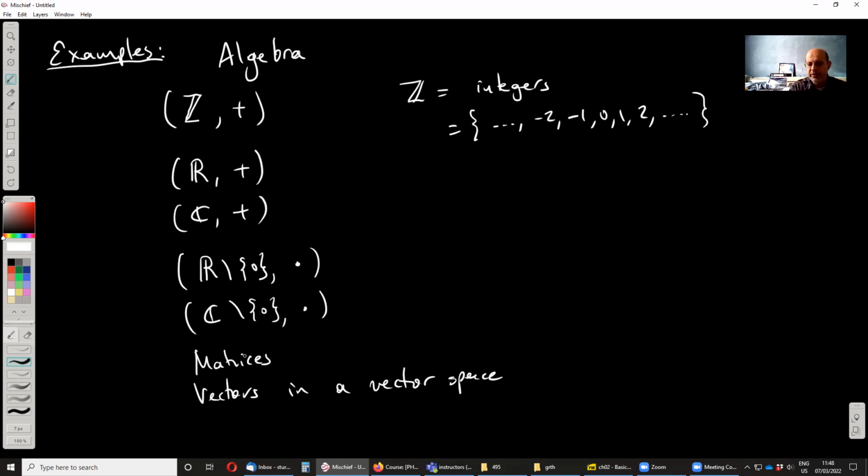I'll talk about some of these matrix groups later. So we have examples coming from there. These are additive groups. Some people just call these additive groups because we use addition in there. And these are called multiplicative.